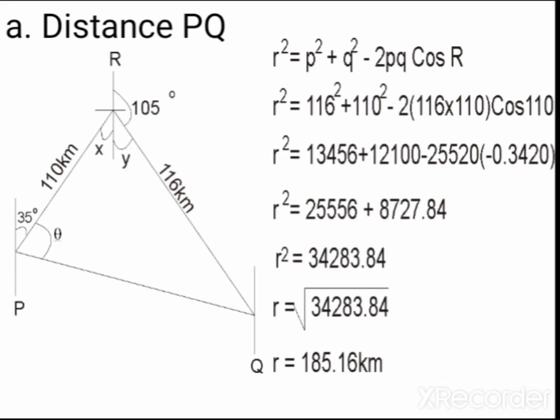But I don't want to apply cosine rule since sine rule will work. Why will sine rule work? We are given two sides and one angle, and we are looking for the opposite angle. So we can use sine rule.